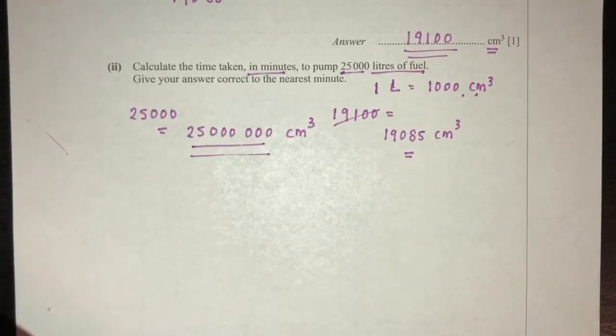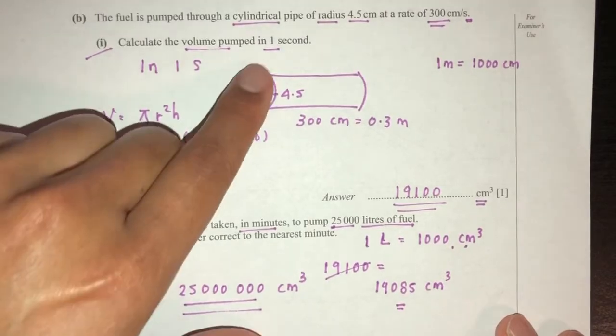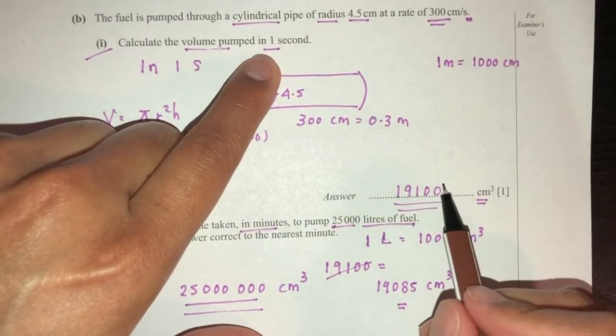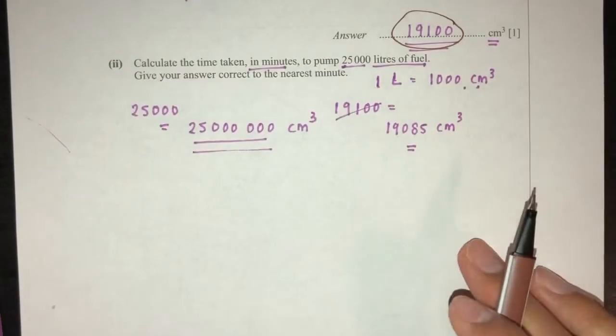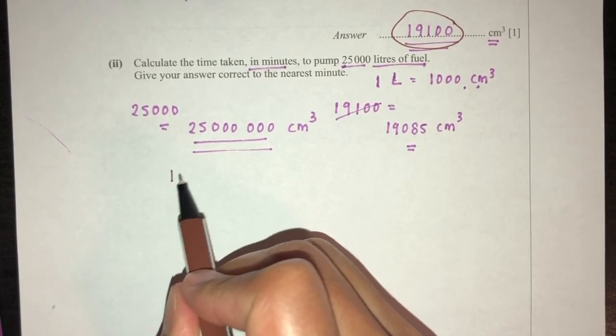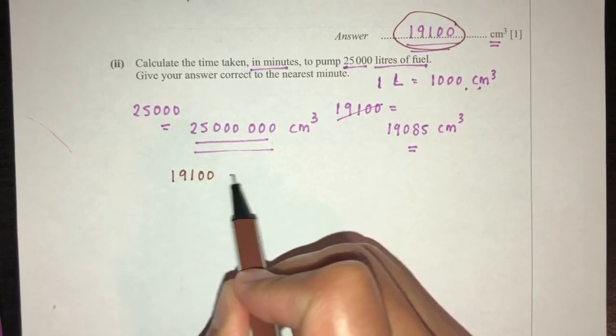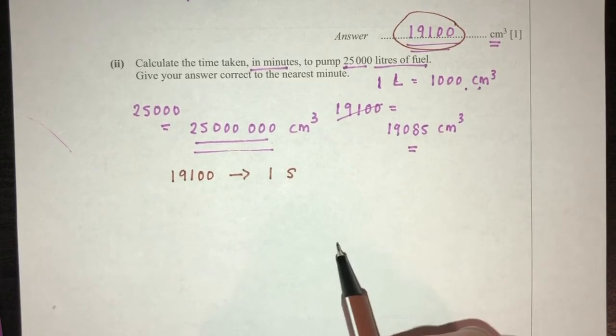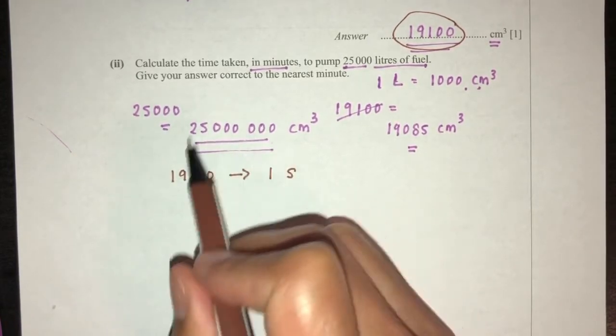Now we know that this is pumped in 1 second, so in 1 second we pump this much. So we say that 19,085 is in 1 second. So how much time will it take to pump this much?